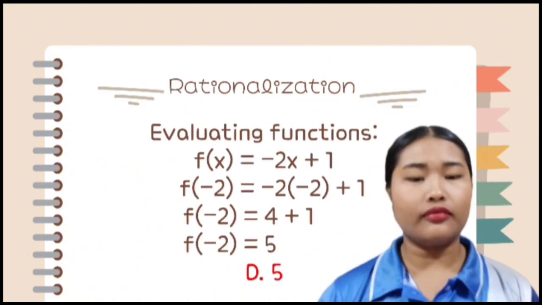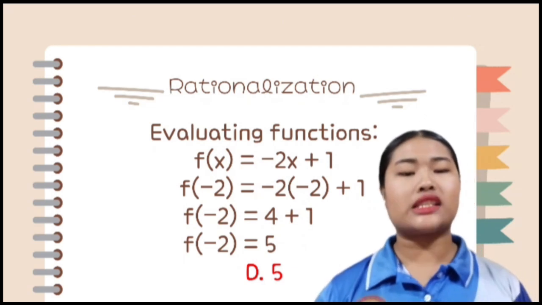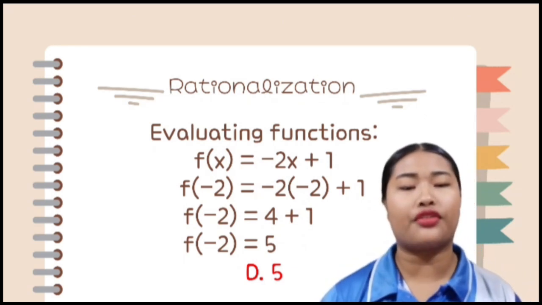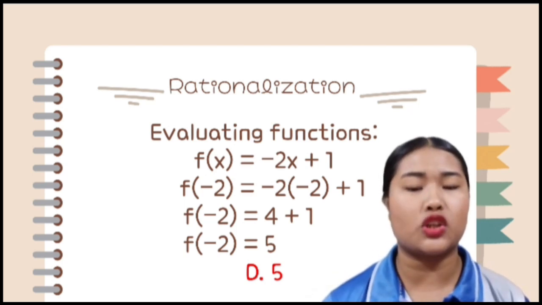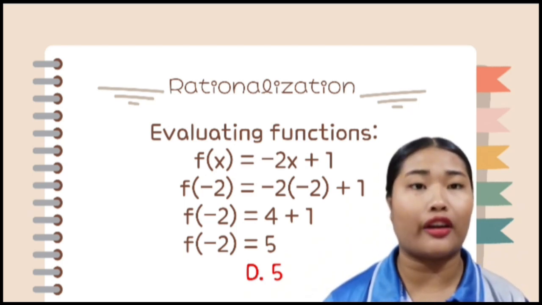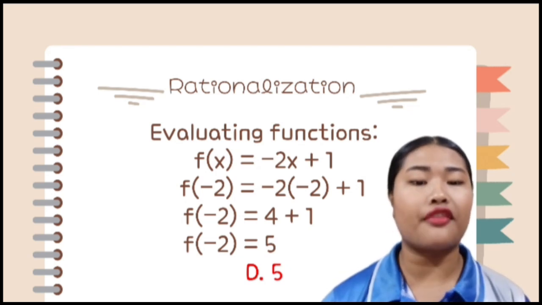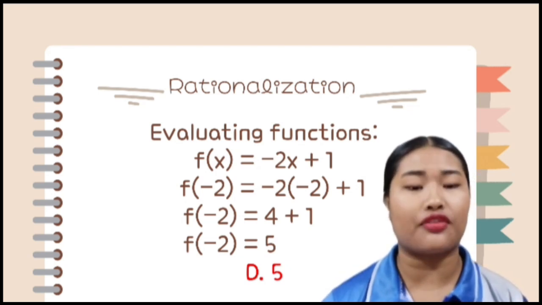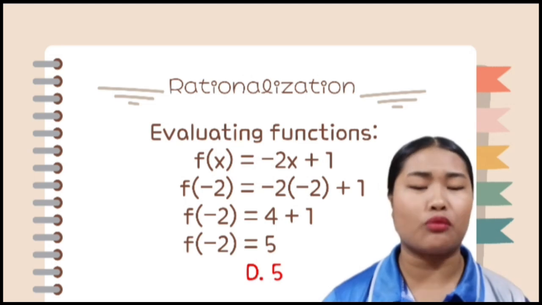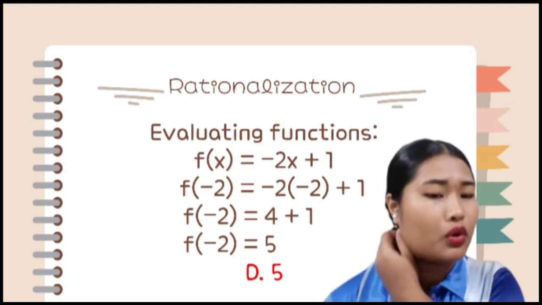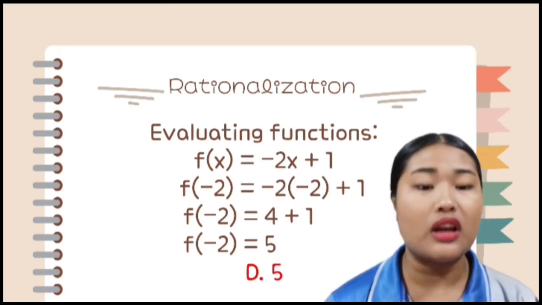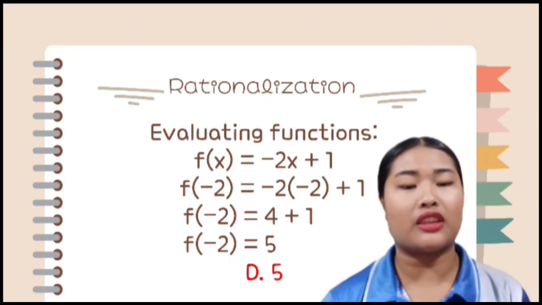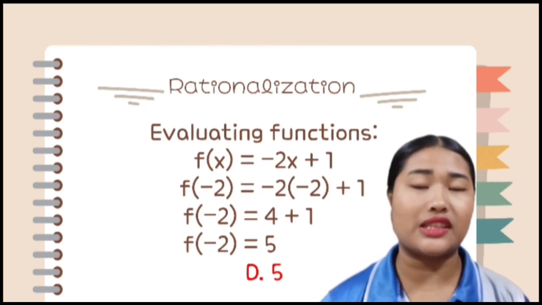So f of negative 2 is equal to negative 2 times negative 2, plus 1. Since they have the same sign, negative times negative is equal to positive, so it will give us positive 4, plus 1. So f of negative 2 is equal to 4 plus 1, which equals 5. So our answer is letter D, which is 5.